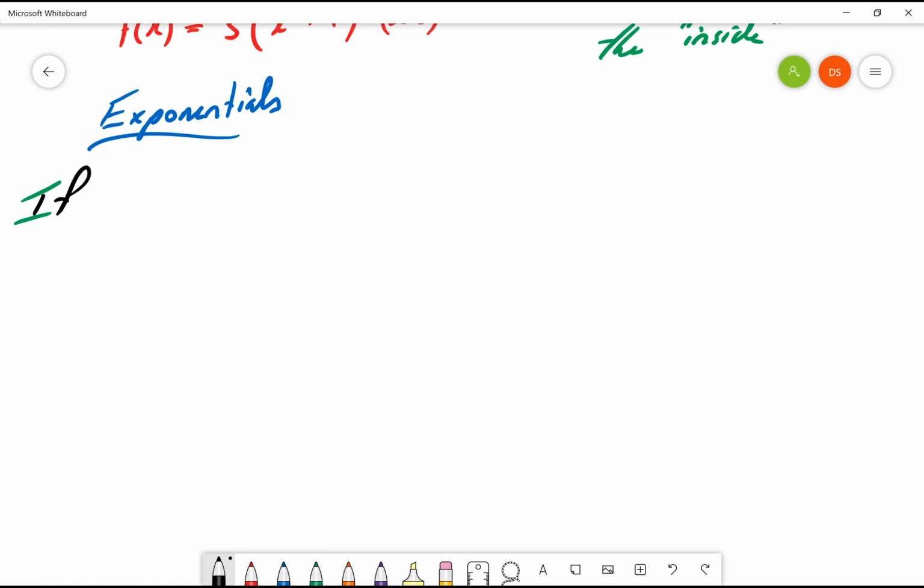If f of x equals e to the x, then f dash of x is equal to e to the x.